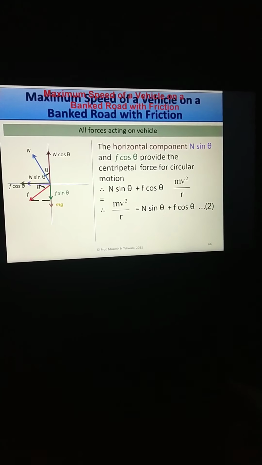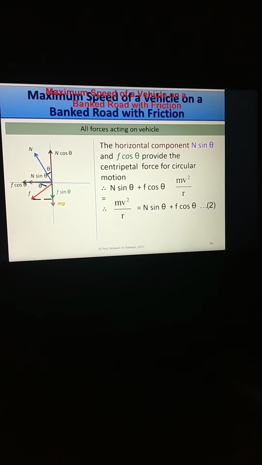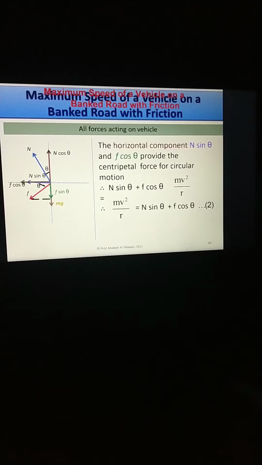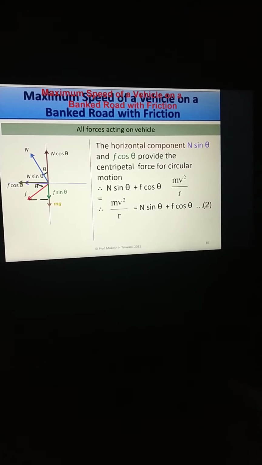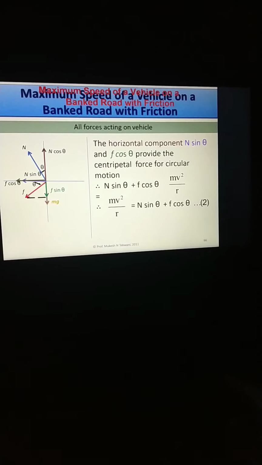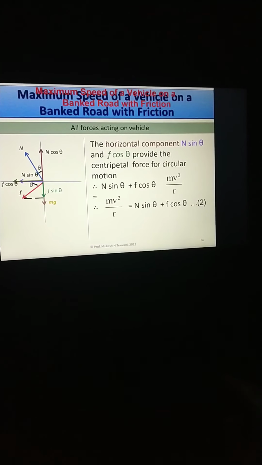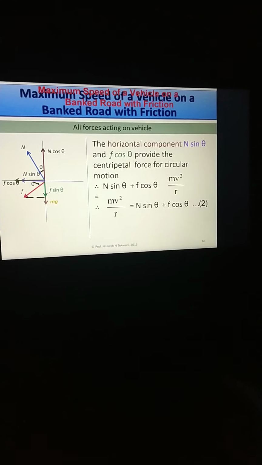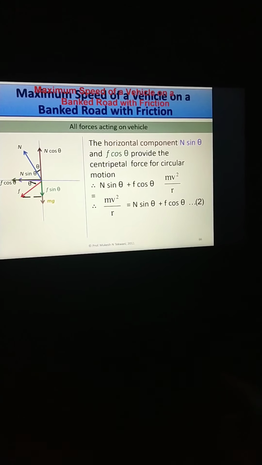Next, similarly, if you consider the horizontal components of forces towards the center, those are actually N sin theta and F cos theta. These are the forces which are along the radius towards the center of the circular track. So these forces play the role of the necessary centripetal force.